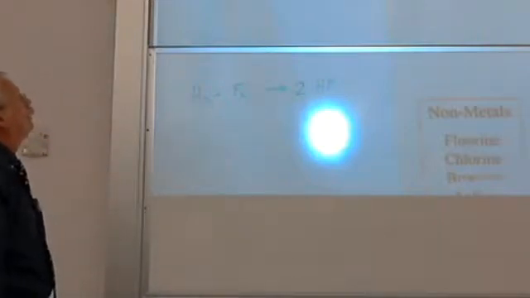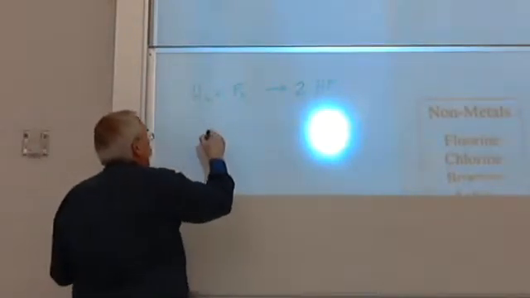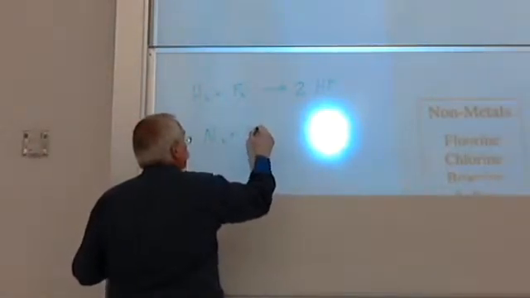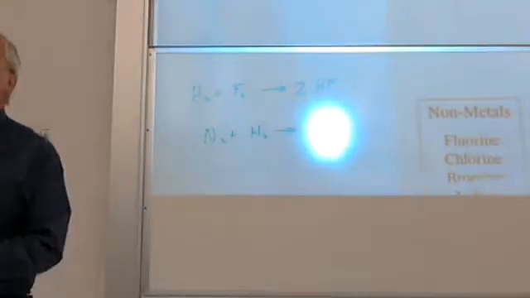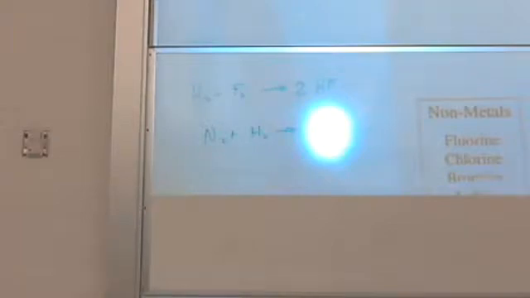Okay. Second one, direct combination again, N2 plus H2. So we know that we have to write a compound made from nitrogen and hydrogen. Hydrogen would be a plus 1. Nitrogen? Minus 3. So if I've got a plus 1 and a minus 3, what would the correct formula be?